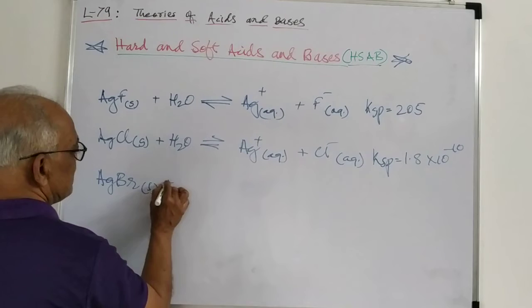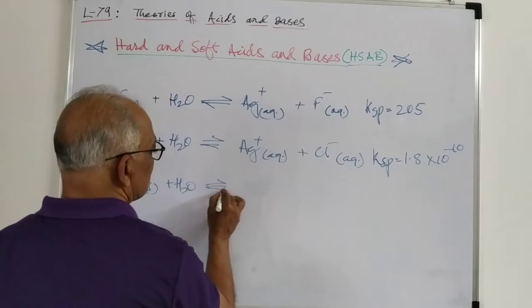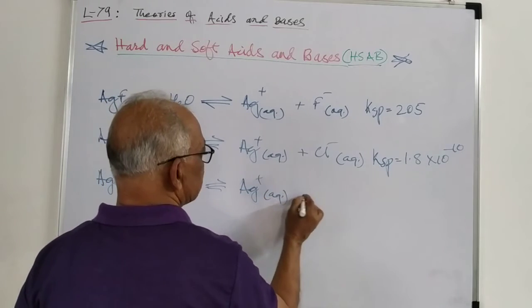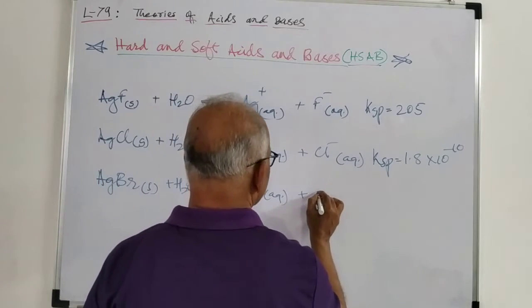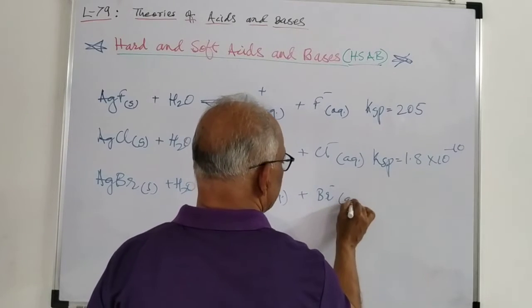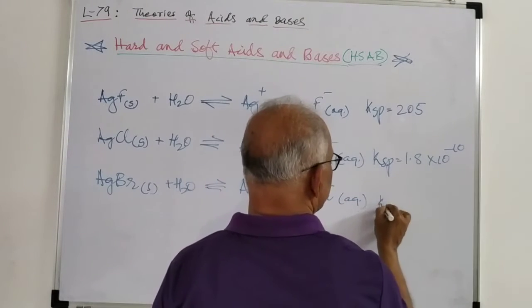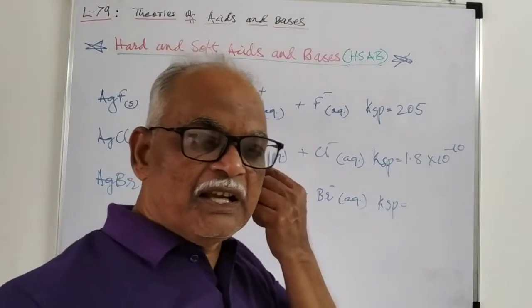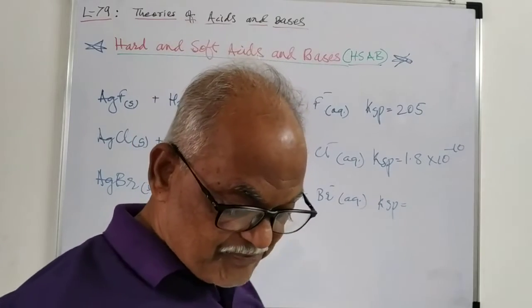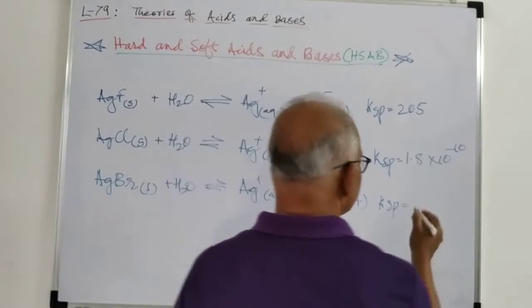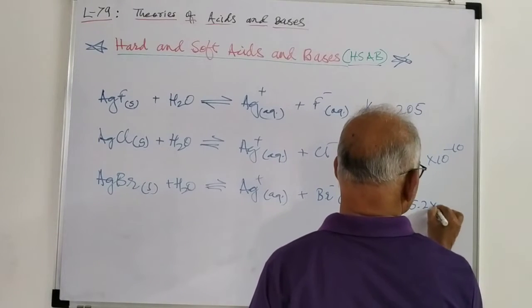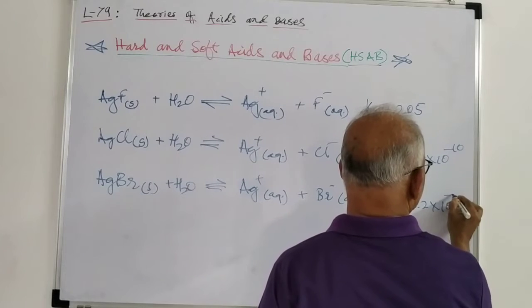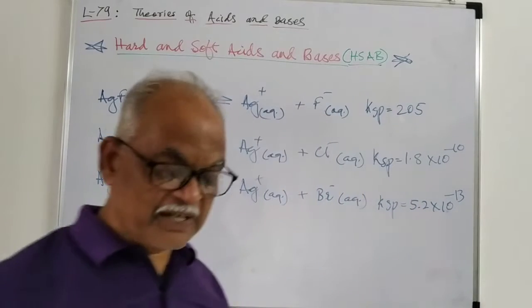After dissolving in water, it also gives us the Ag+ as an aquated ion, and Br- also as an aquated ion, and the Ksp value is again lower than this, and it is 5.2 into 10 raised to minus 13.